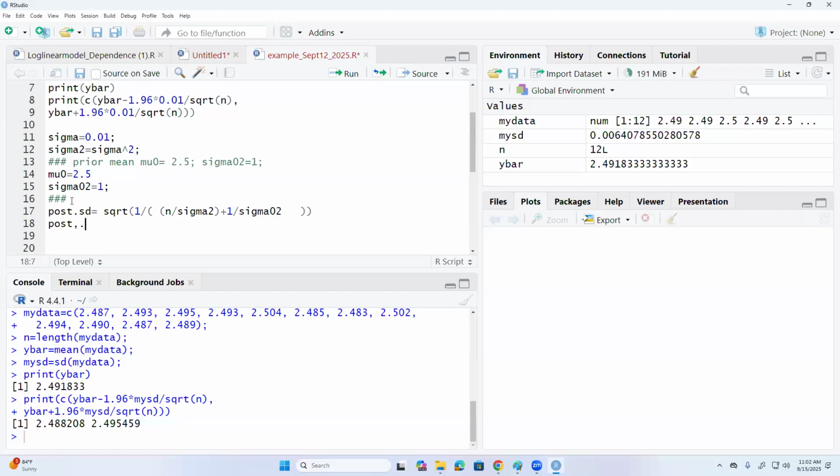And posterior mean equal to n times y bar divided by sigma square plus mu 0 divided by sigma 0 square, and here it is.